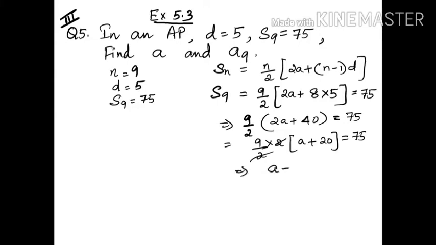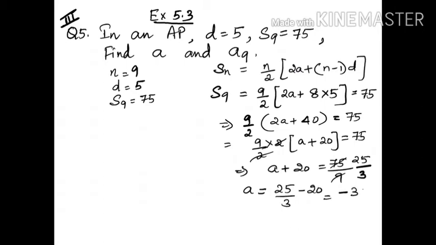This implies a plus 20 is equal to 75 divided by 9, which can be reduced further by dividing by 3. So we get 25 upon 3. So the first term a will be equal to 25 upon 3 minus 20, which is minus 35 upon 3.